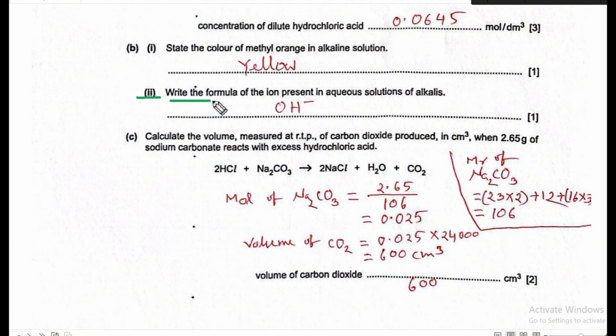Two, write the formula of the ion present in aqueous solution of alkali. Alkali: hydroxide ion, OH minus, ion is produced in an alkali.